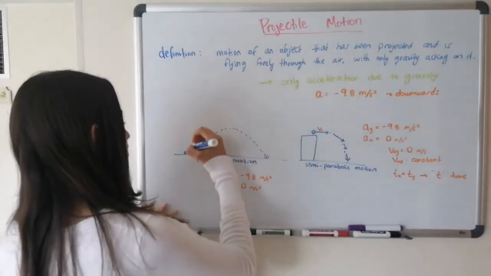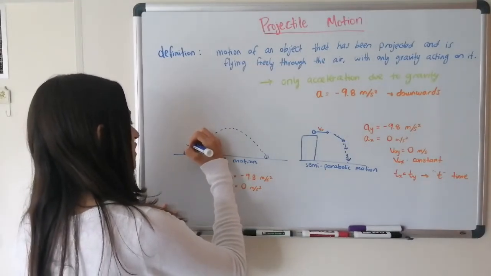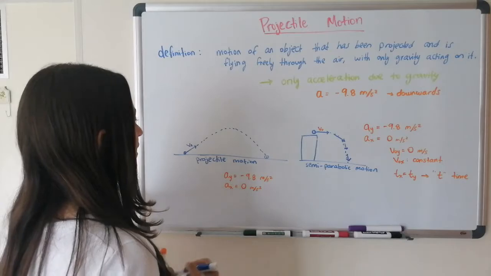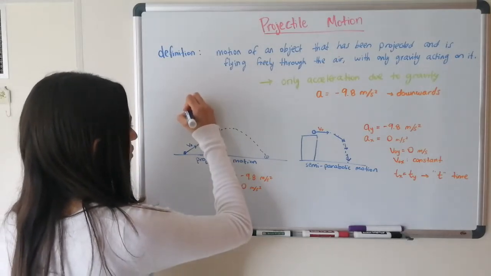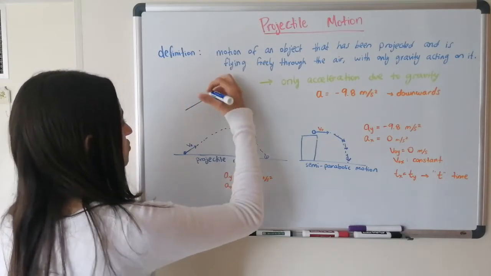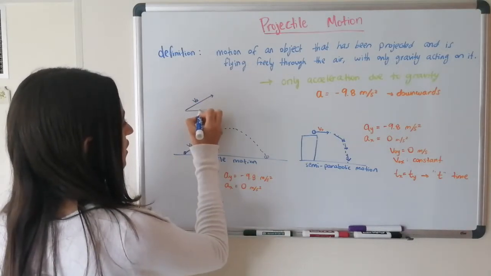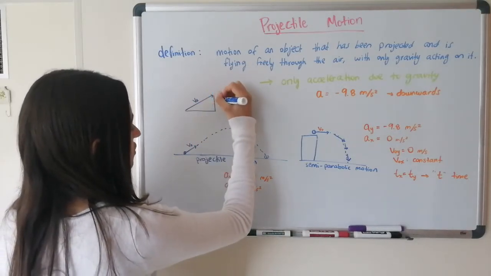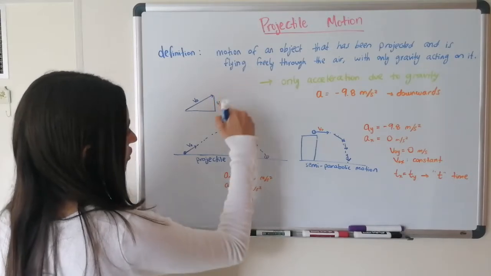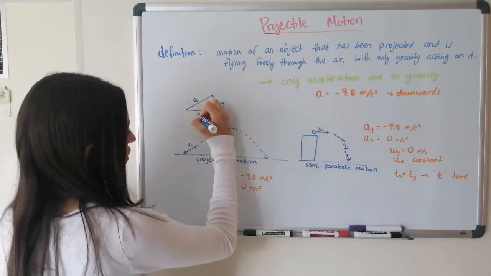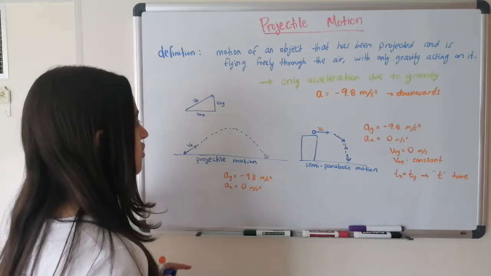So what we have here is an initial velocity that we're just going to call V0, and we need to divide it into V0x and V0y. So let's do the triangle like we used to do. This is V0, and this would be V0y, the vertical velocity, and this is V0x, the horizontal velocity.